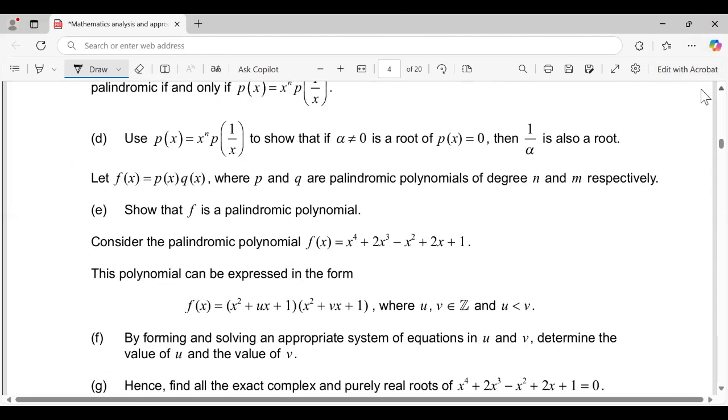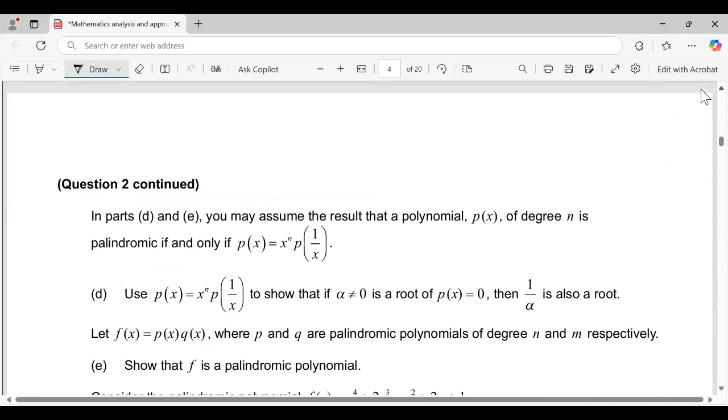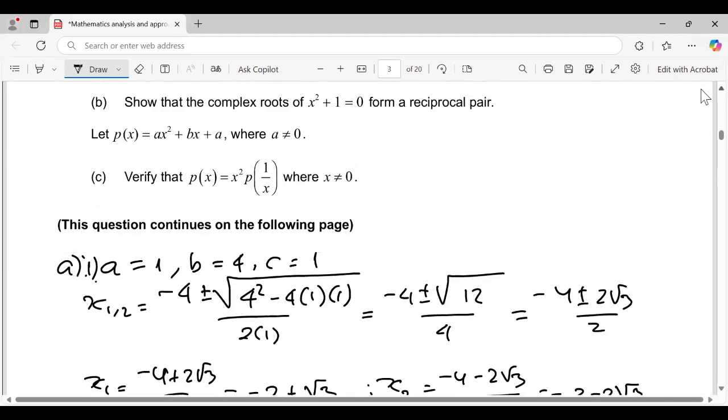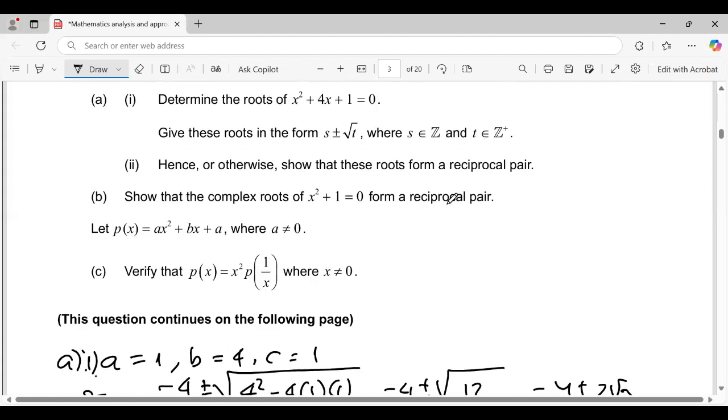Next question. Let P(x) equal ax squared plus bx plus a, where a is not equal to 0. Verify that P(x) equals x squared times the function P of 1 over x.